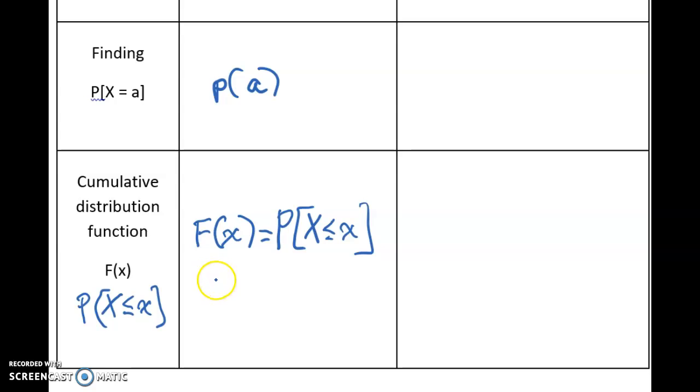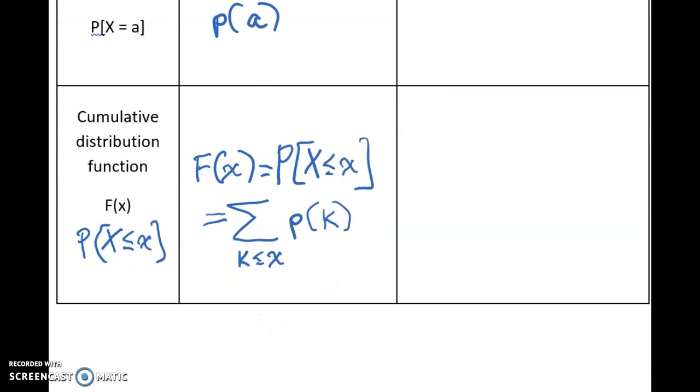The way you would get this is you would do a summation of all of the p of k values, probability values, where k is less than or equal to x. So in other words, you're just going to add up all the values of the probability mass function that are less than or equal to this value x. That'll be actually pretty intuitive for you. We're going to do it in a second.